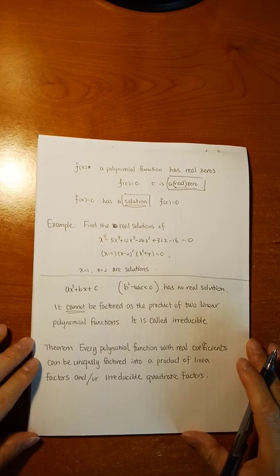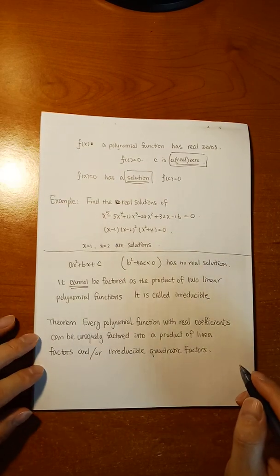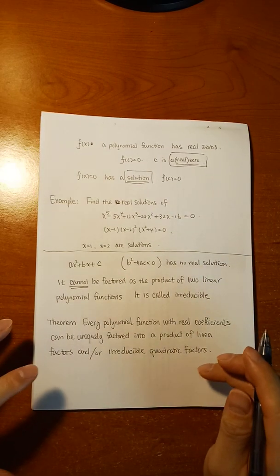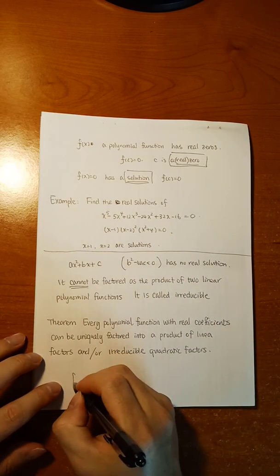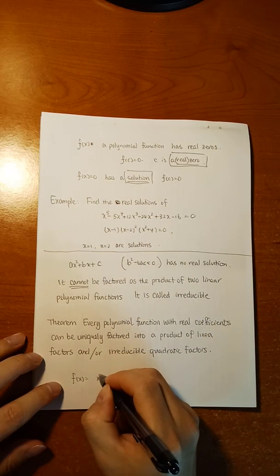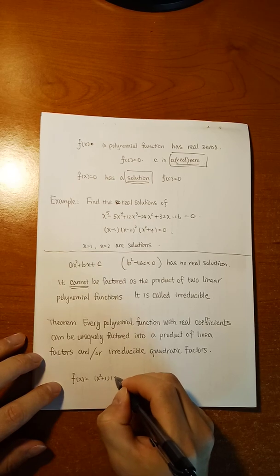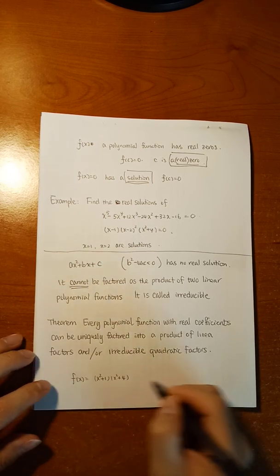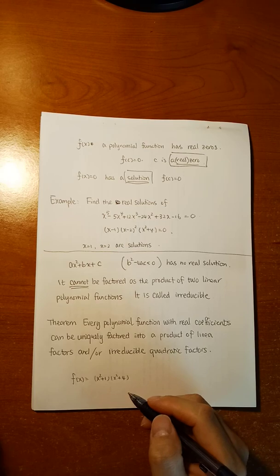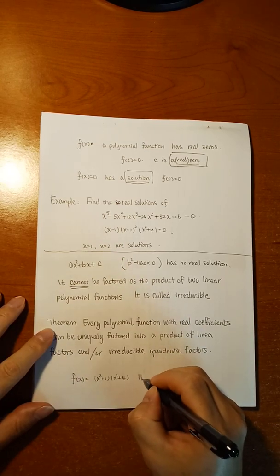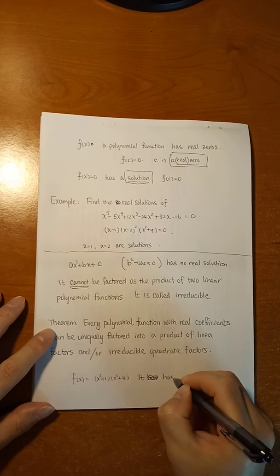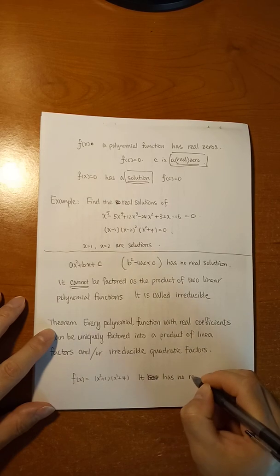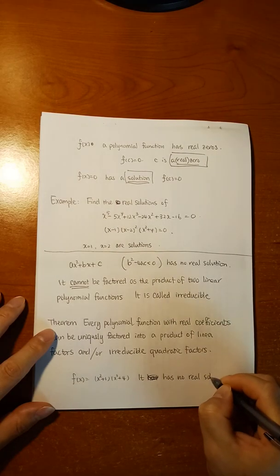And if you only have irreducible quadratic factors, for example, f(x) equals (x squared plus 1) times (x squared plus 4), then this function has no real solutions or real zeros.